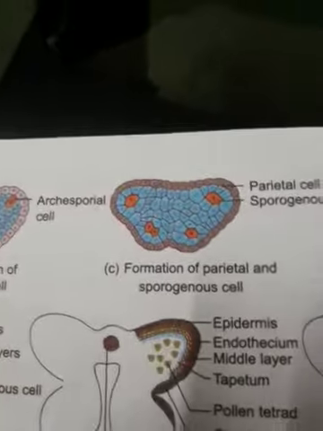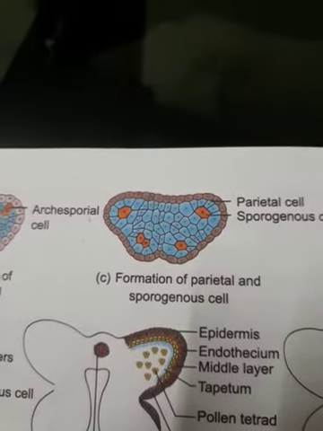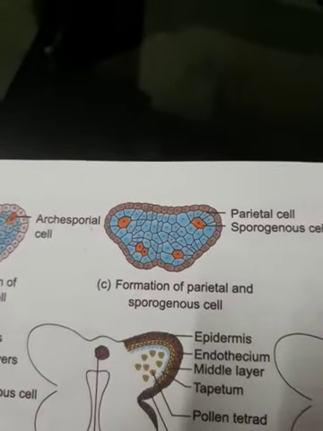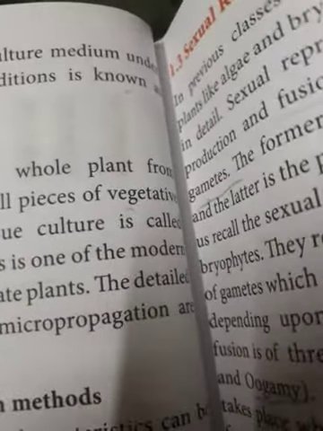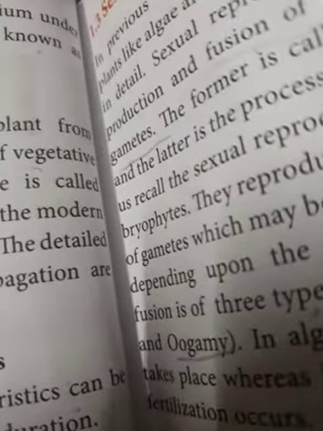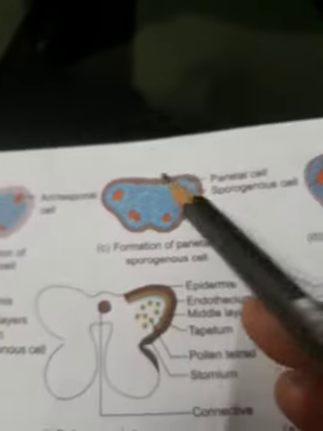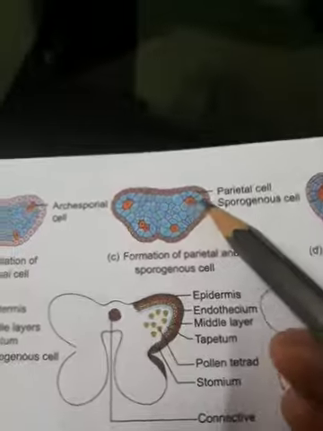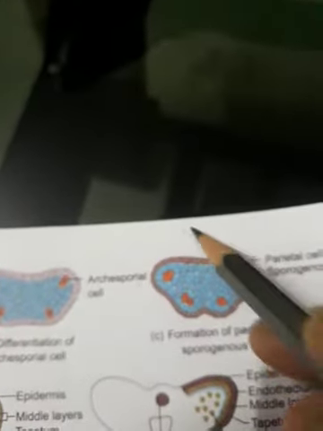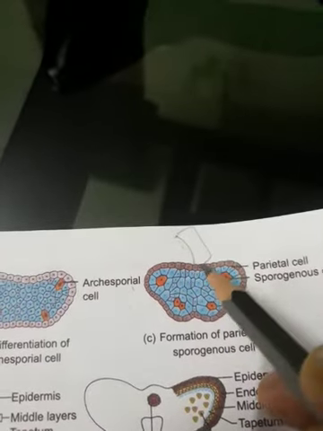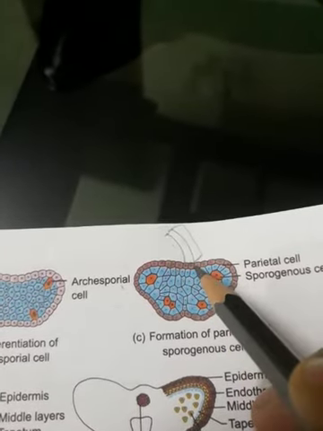Now these archisporial cells will divide periclinally. Periclinally means the cells which are dividing parallel to that of the adjacent cells.